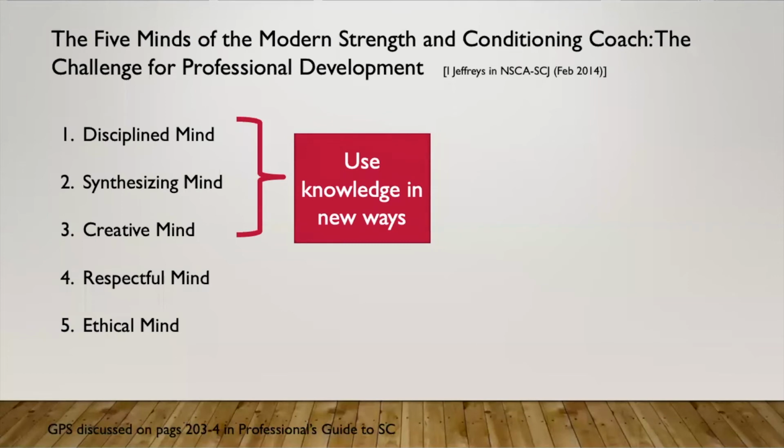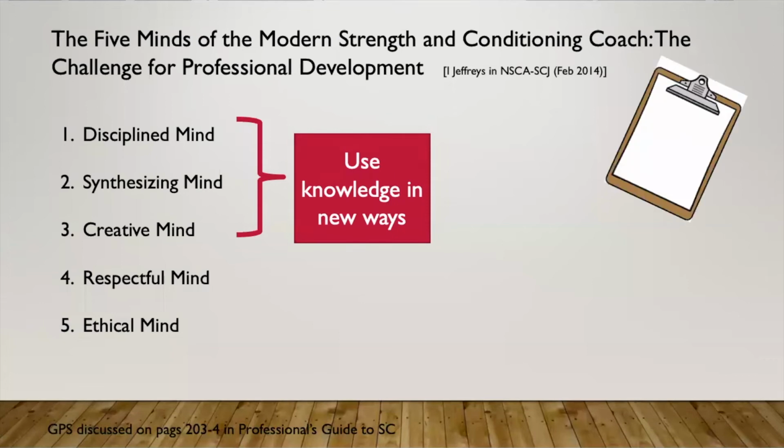The first one is that you have the discipline to study what's going on, that you take this information that may be kind of theoretical and synthesize it into ways you can use it practically, and that you do this synthesizing in a very creative way.